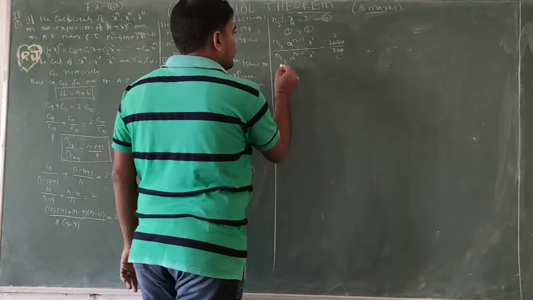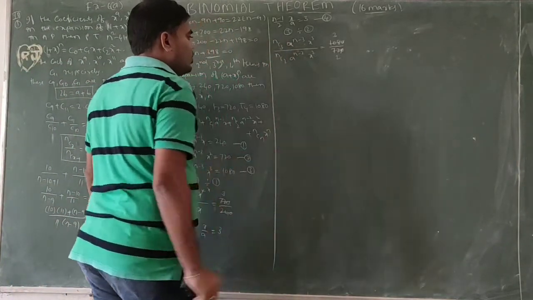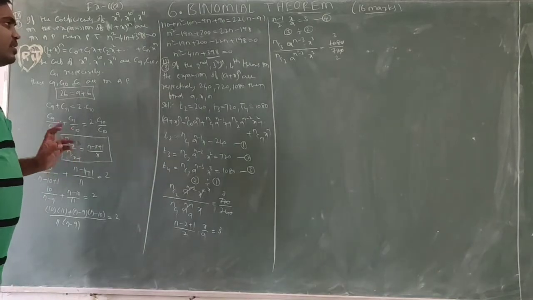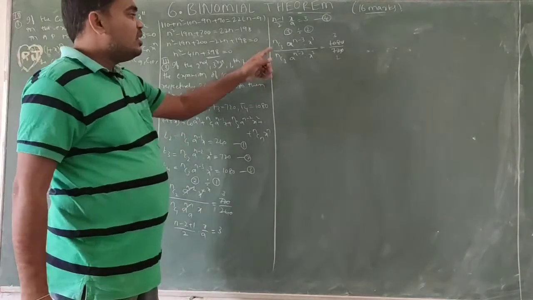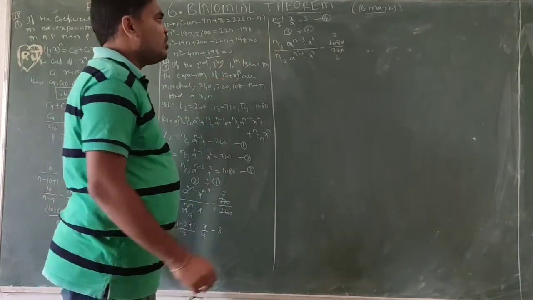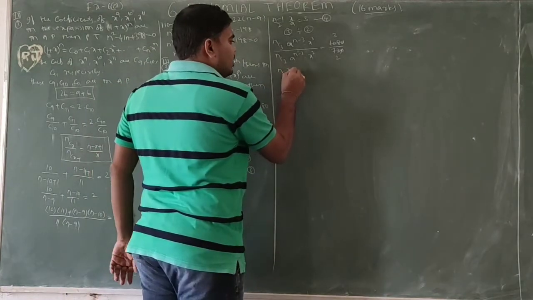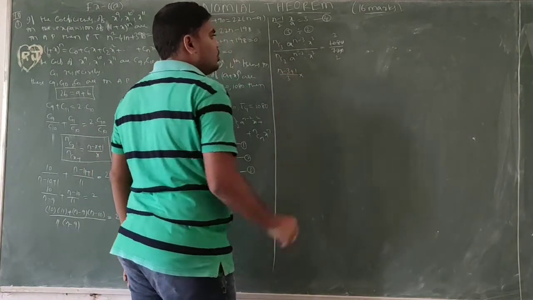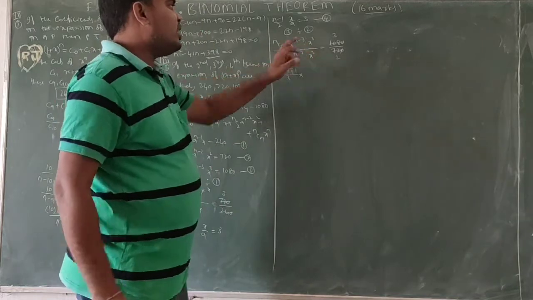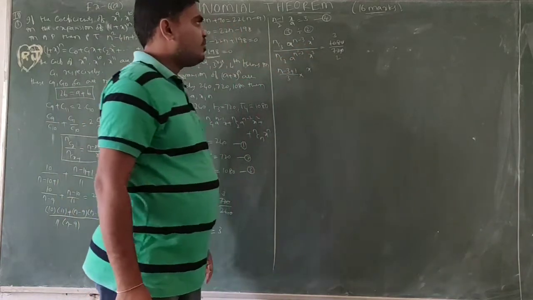Now NC3 by NC2, again the formula NCR by NCR minus 1. So n itself n, r equal to 3, n minus 3 plus 1 by 3 into, and x cube by x square we get x.